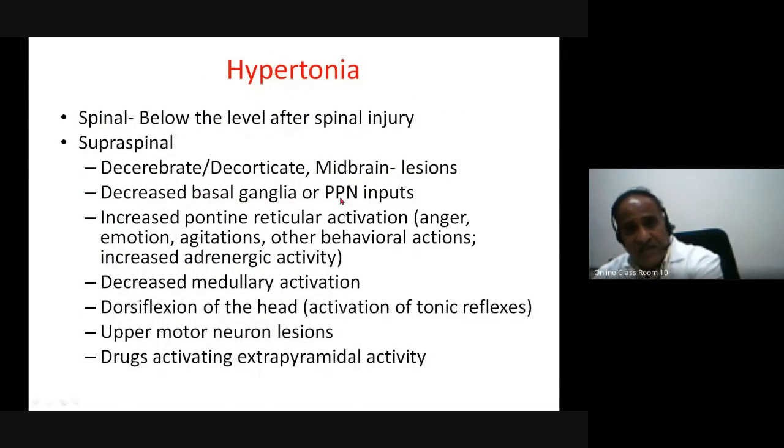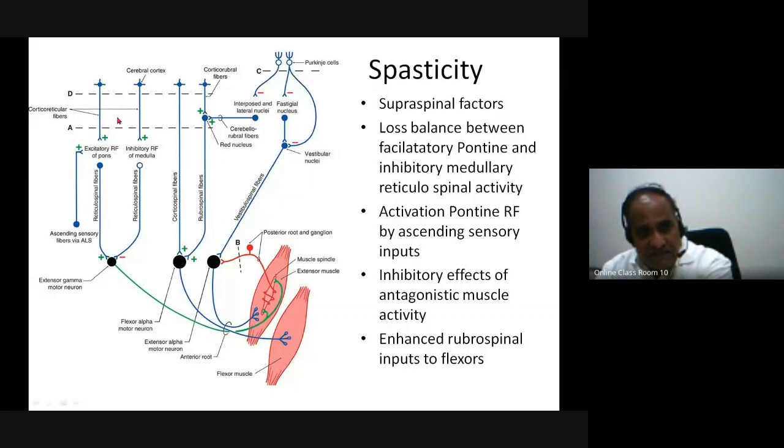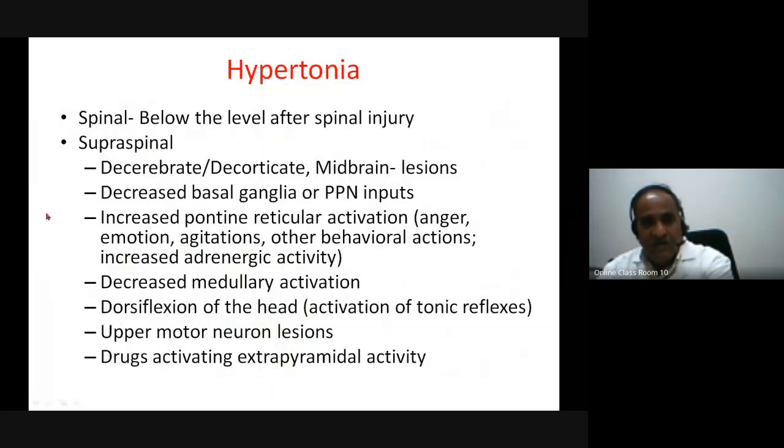Decreased basal ganglia or PPN outputs, since the basal ganglia has an inhibitory output, result in greater excitation of these. Now, increased pontine reticular activation is seen in anger. When you become angry, every muscle becomes tense, and this tension is because of the increased gamma discharge.